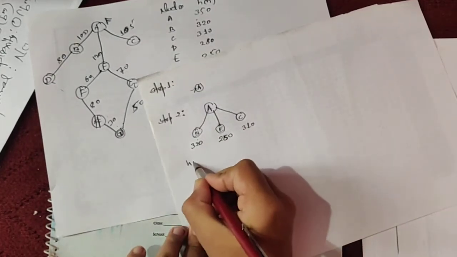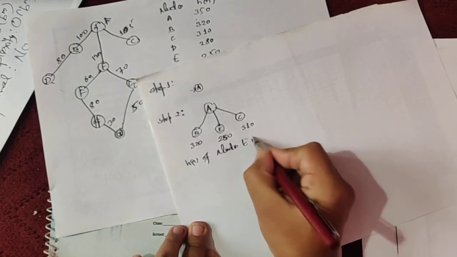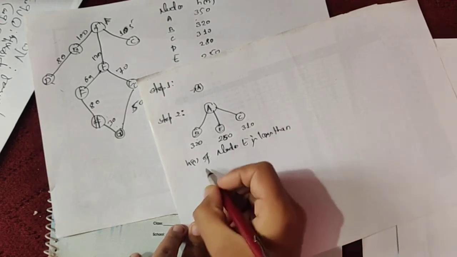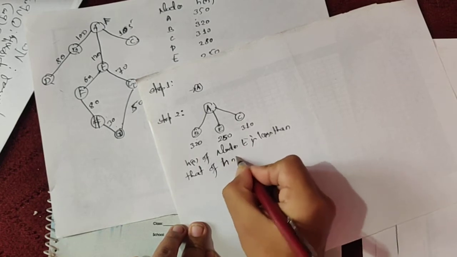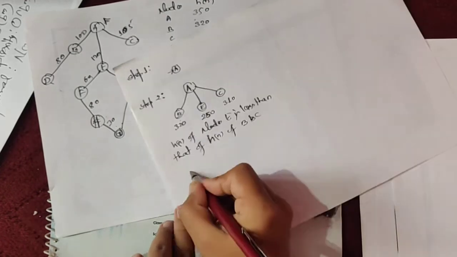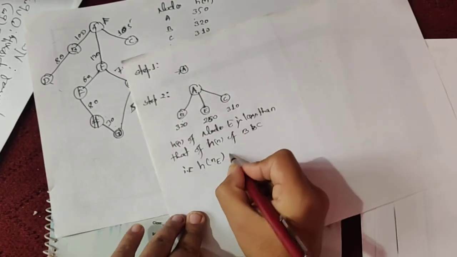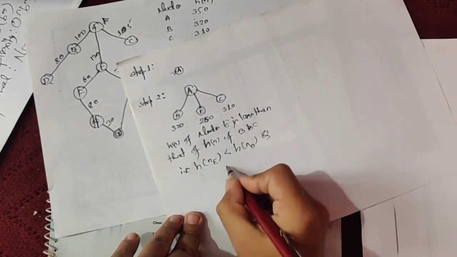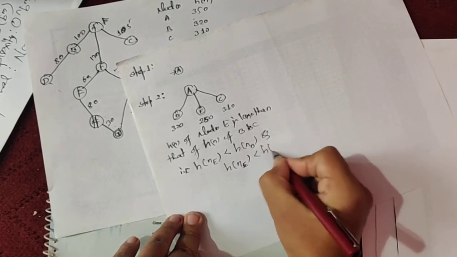That means h(n) of node E is less than that of B and C. So h(E) is less than h(B) and h(E) is less than h(C).